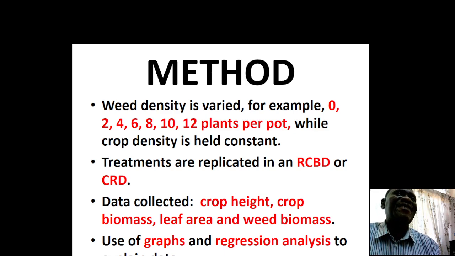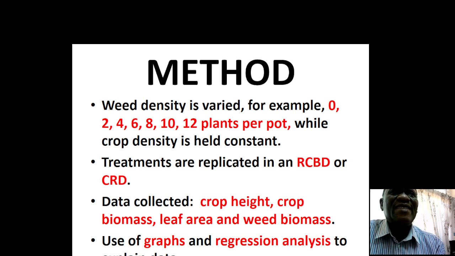Just remember that. Here are examples of treatments. You can have weed density, which is varied. For example, we can have 0, 2, 4, 6, 8, 10, 12 plants per pot, while crop density is held constant, you can have one plant for each crop.